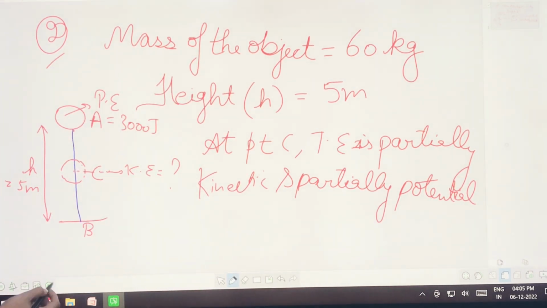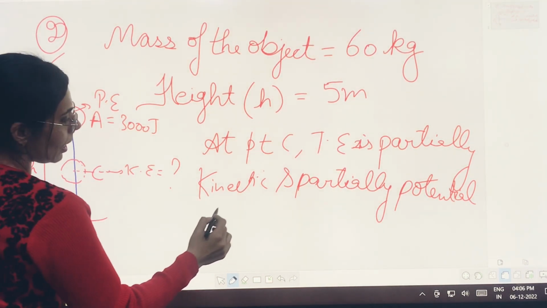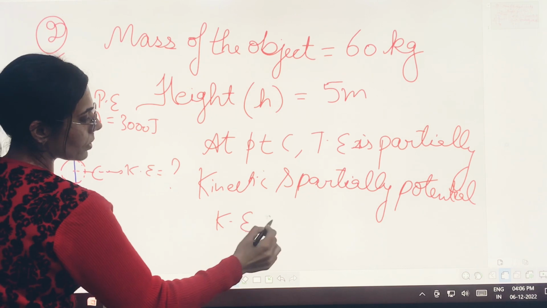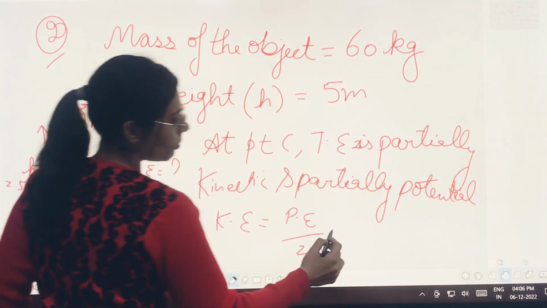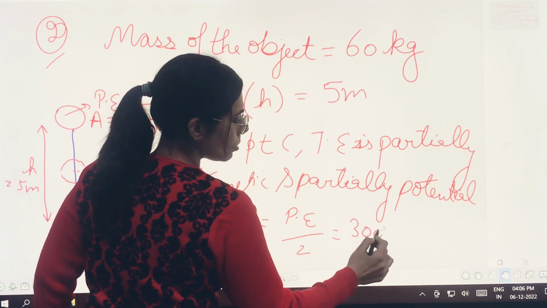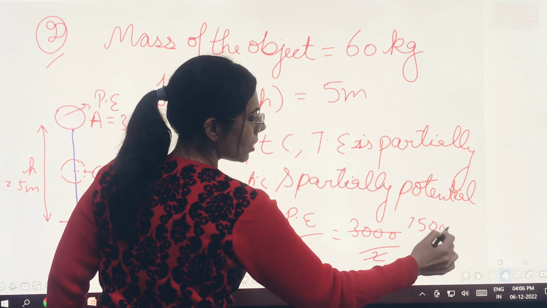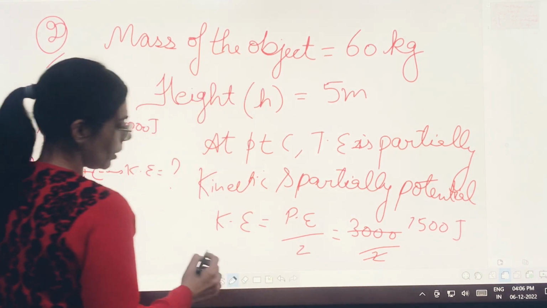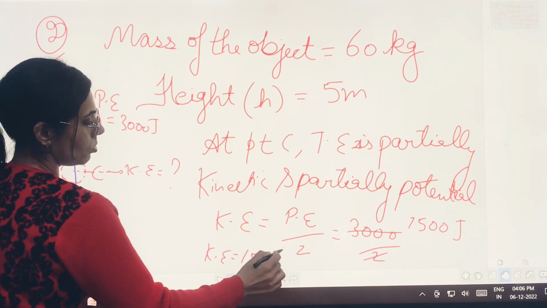What we need to find out is the kinetic energy. If it is partial, the kinetic energy will be the potential energy divided by 2. We know the potential energy is 3000, so 3000 divided by 2 is 1500 joules. So kinetic energy will be equivalent to 1500 joules.